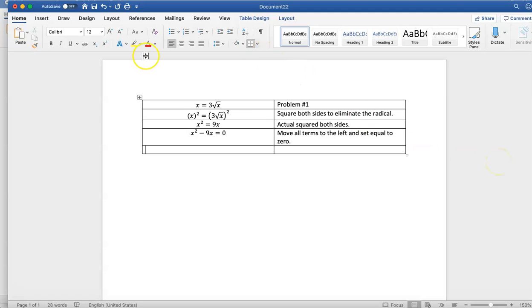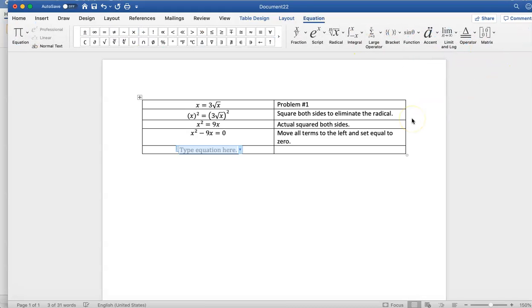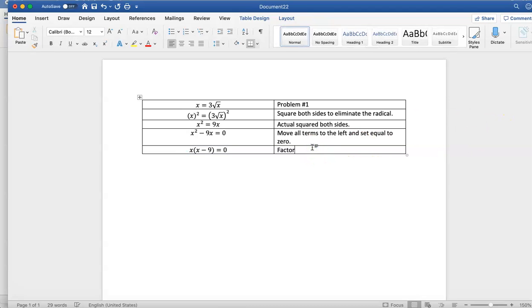Okay, then you would start your factoring. And so that would be x onto x minus 9 equals 0. Factor the left side.